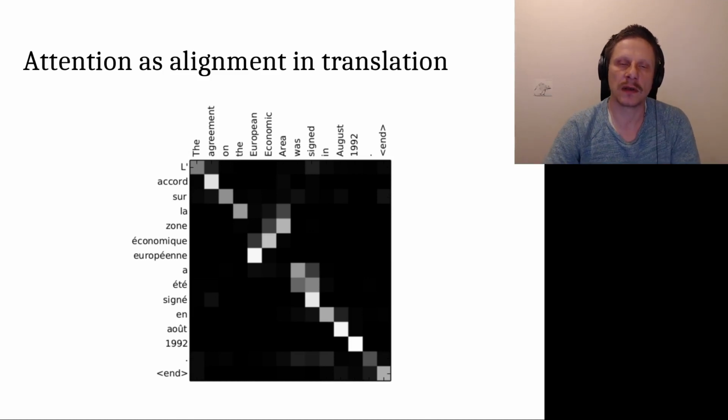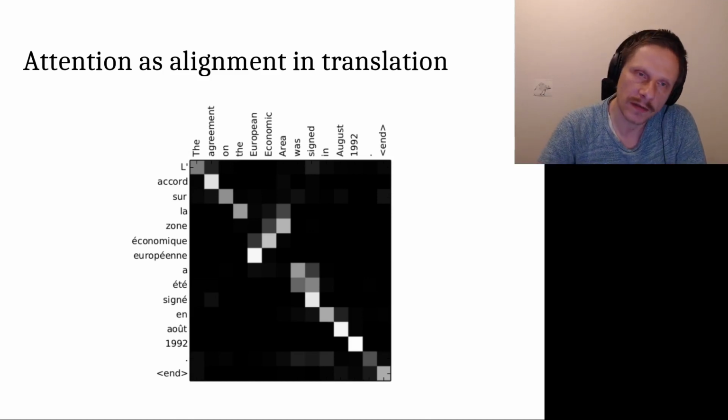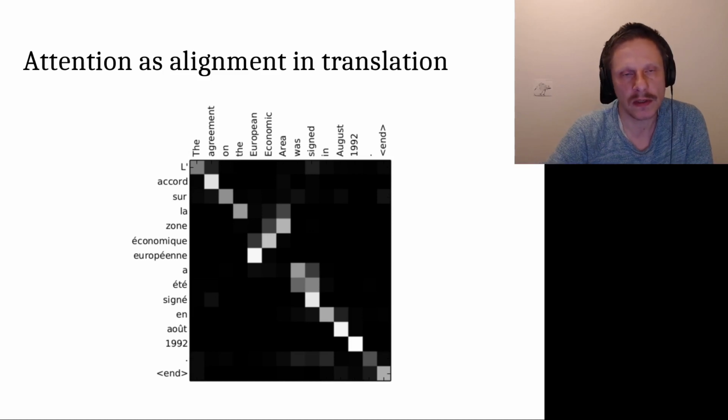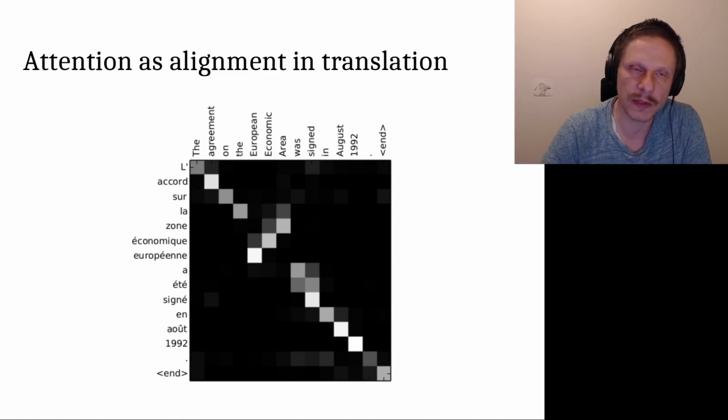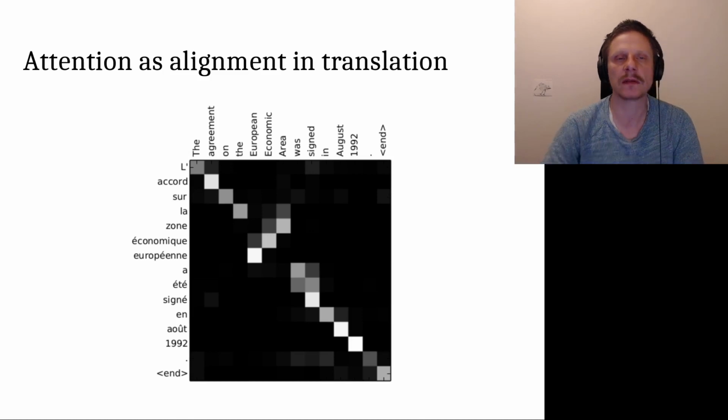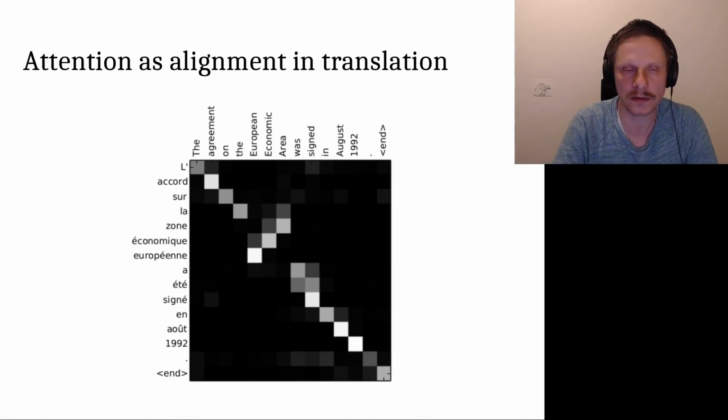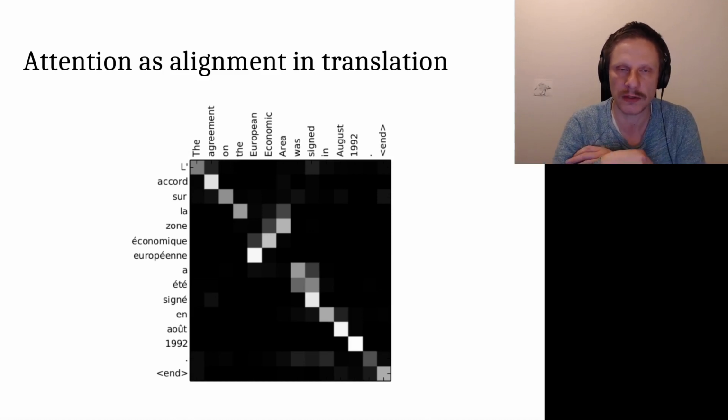Maybe it's easier if I give an example. If you look at the position corresponding to agreement, you can see that at that point most of the attention is concentrated on the French word accord, which is basically the translation of that. So you can see that the model has learned that these two words are translations of each other.